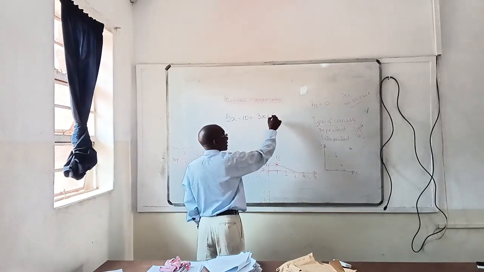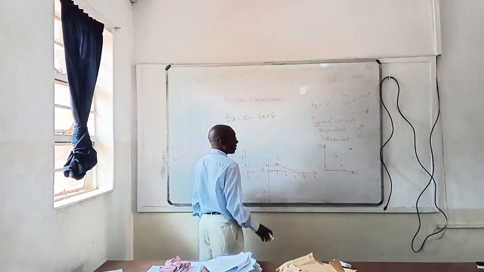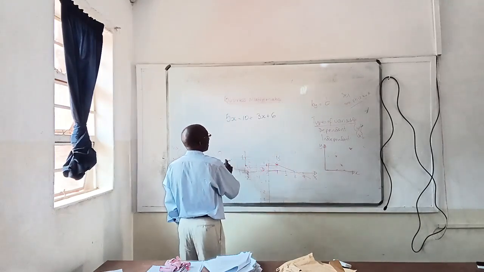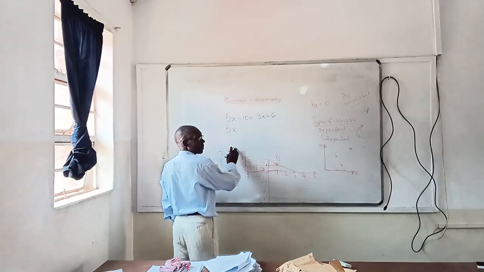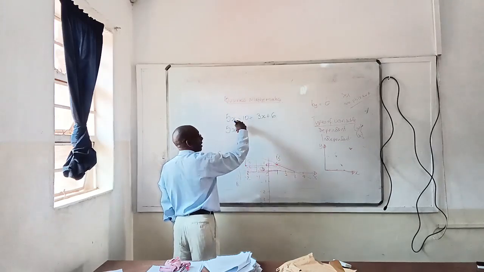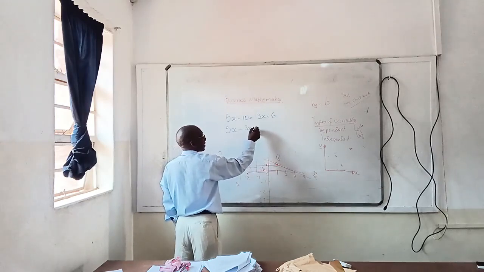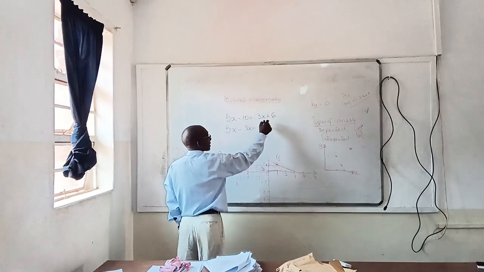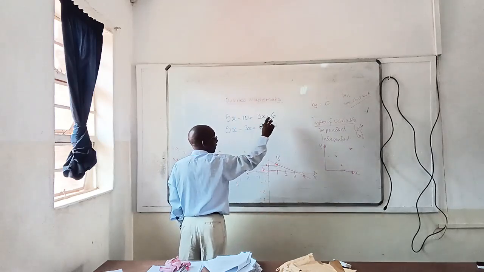You write this in which form? How do you get x? So you subtract 3x from 5x, and 5x minus 3x is equal to 6 plus 10. Everyone will know that, right?